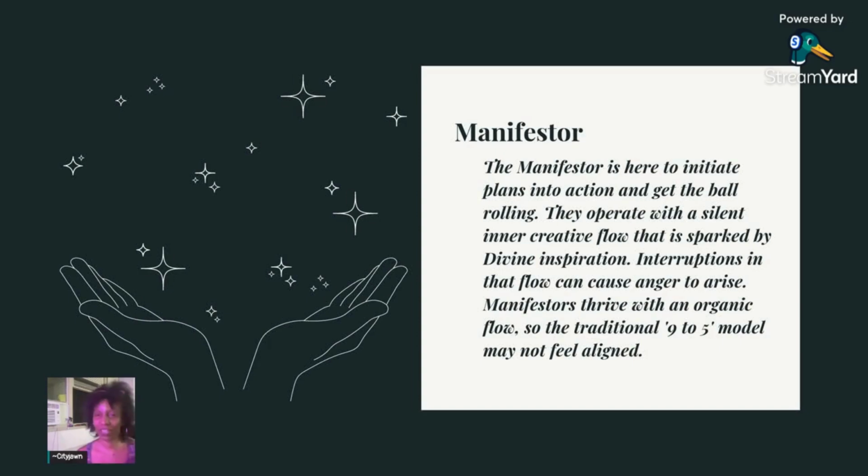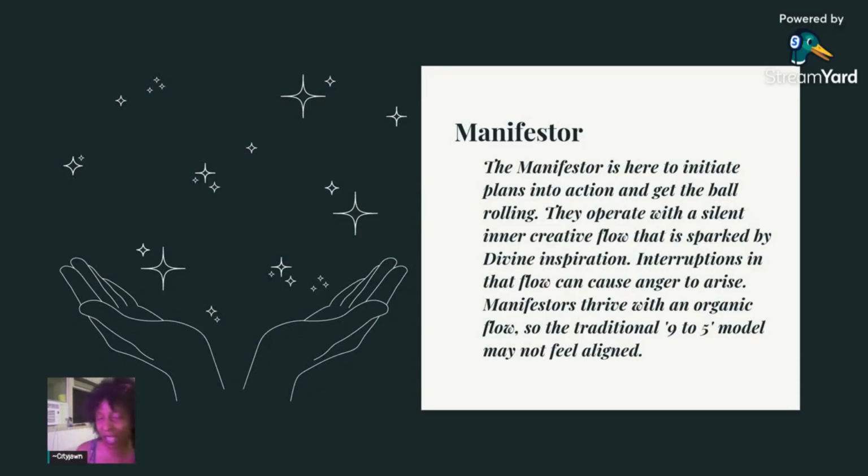They operate with a silent, internal, creative flow that is sparked by divine inspiration. So the manifestor will get a defined inspiration from the head center, but they'll feel in their body when the time is right to move on it.